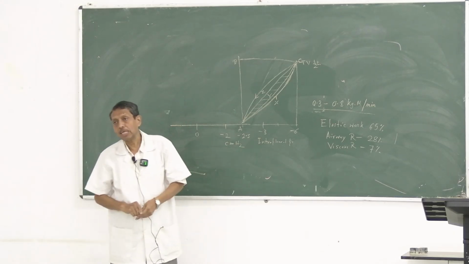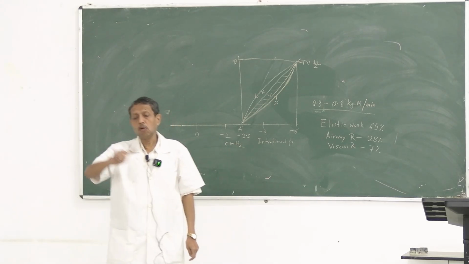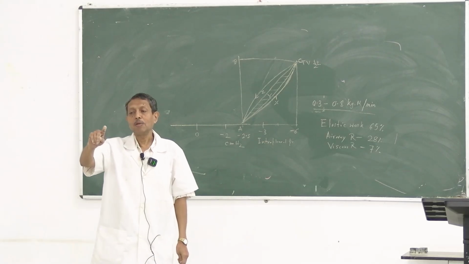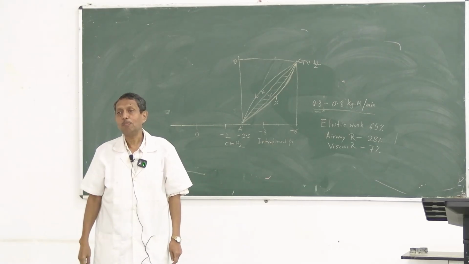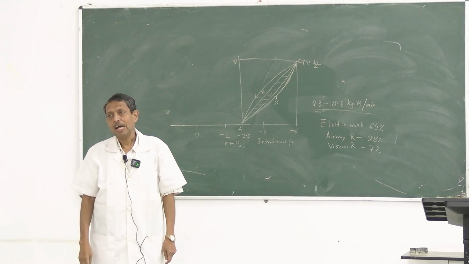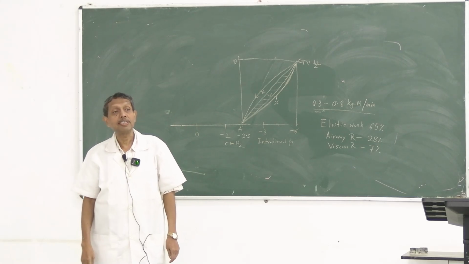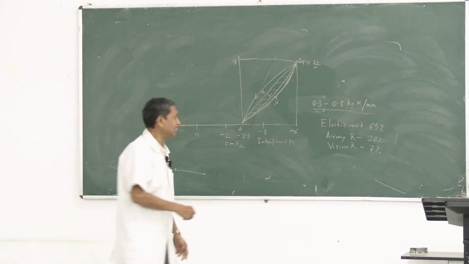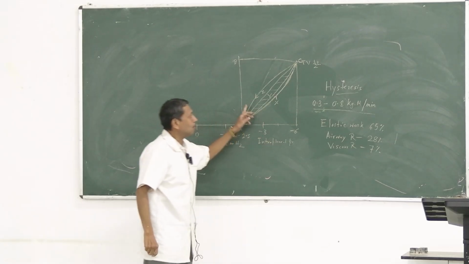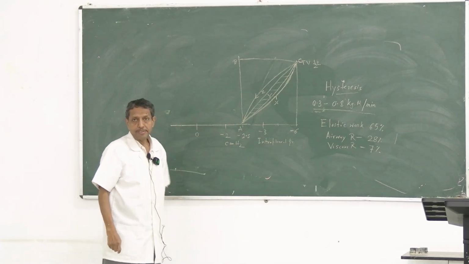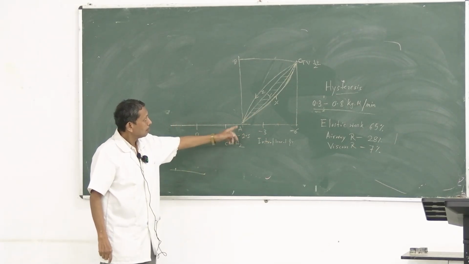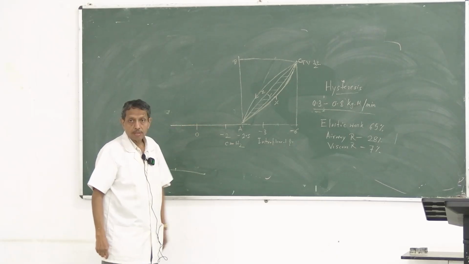If it were purely elastic, then it would go in this way and return in the same way, but it is not so. This phenomenon is called hysteresis. In this case, we are considering the lungs only.